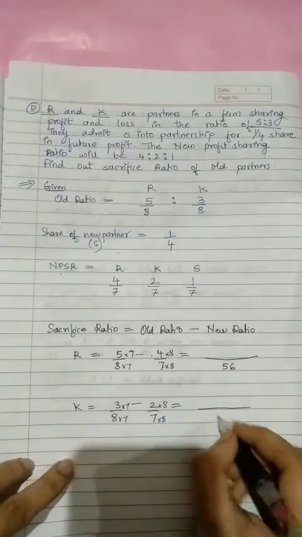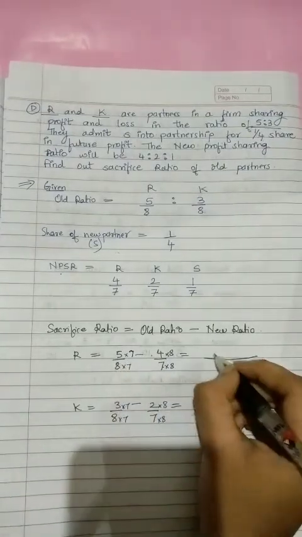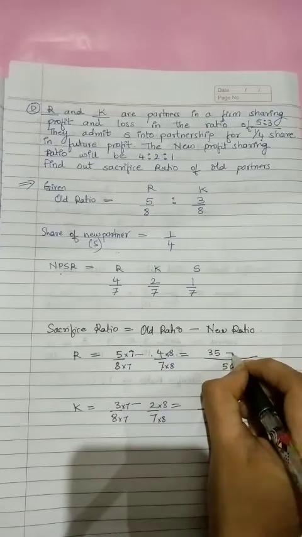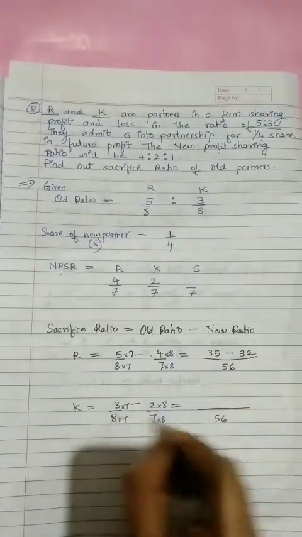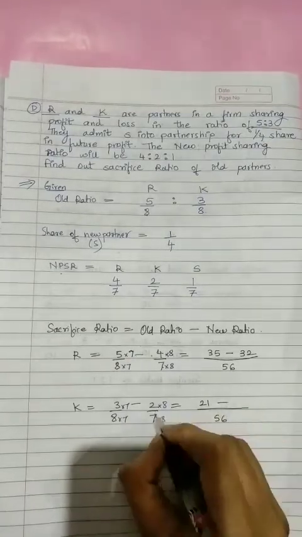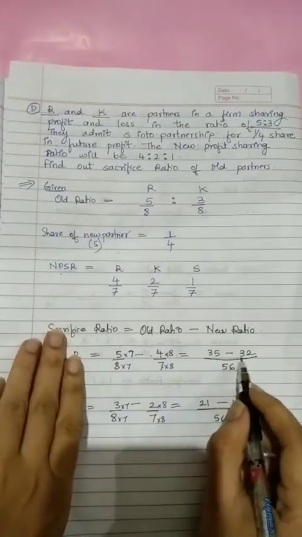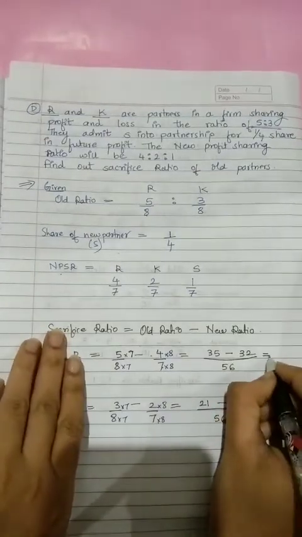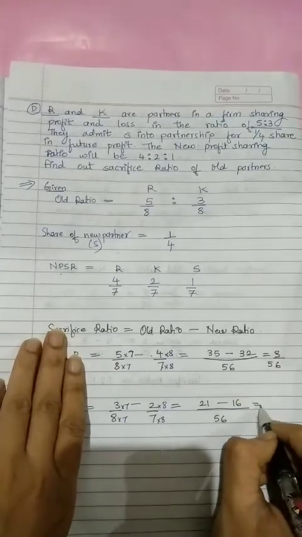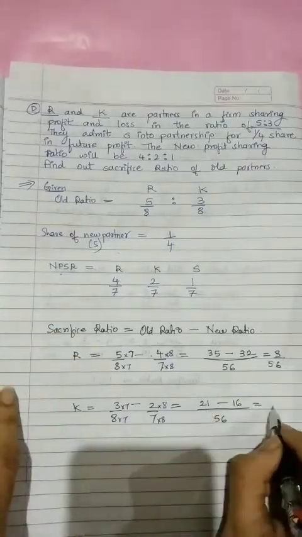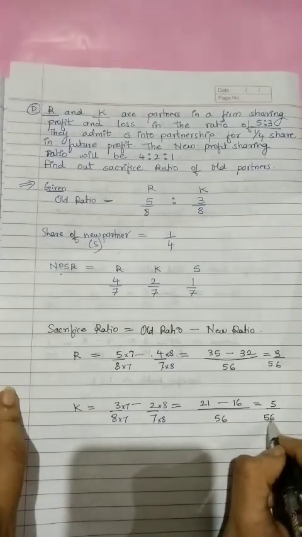So 8 sevens are 56, 7 fives are 35, and 4 eights are 32, 3 sevens are 21, 2 eights are 16. 35 minus 32 comes to 3 upon 56, and 21 minus 16 comes to 5 upon 56.